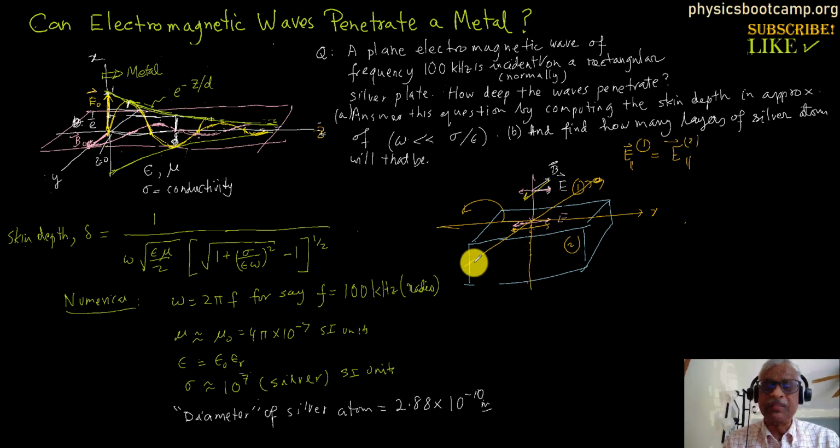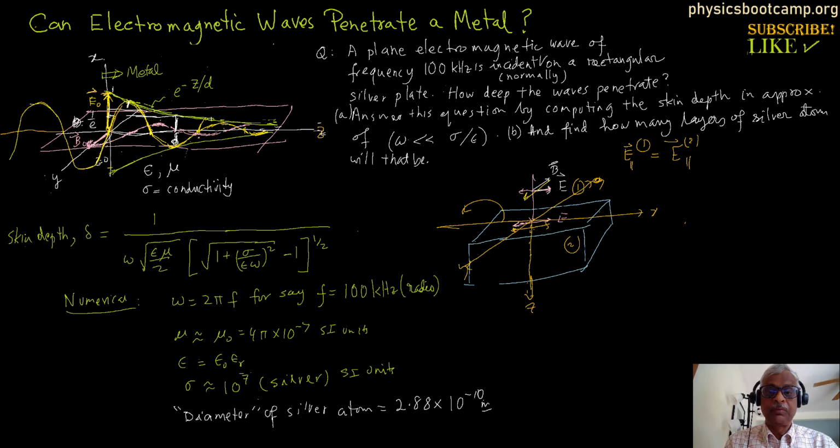No, y is this way and z is that way. So if I flip it, I can actually draw it over here. I've already drawn it. So the electric field wave used to be this big coming in. This yellow line is the electric field wave. So it used to be that big.